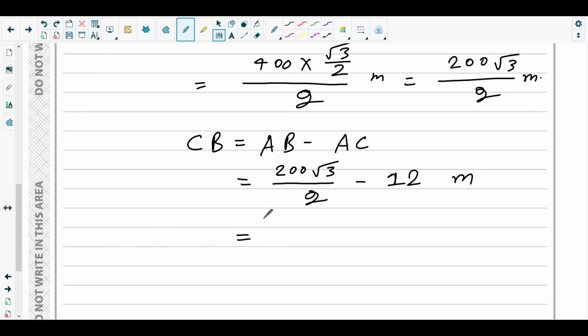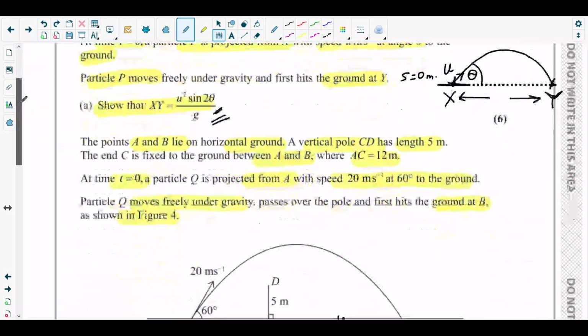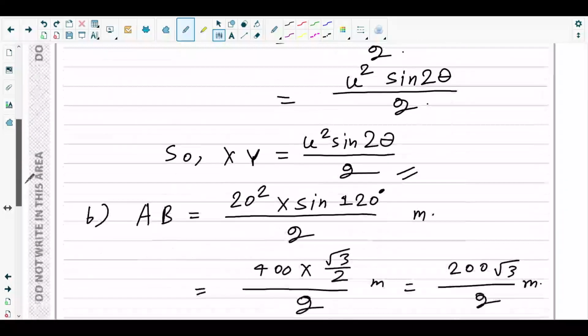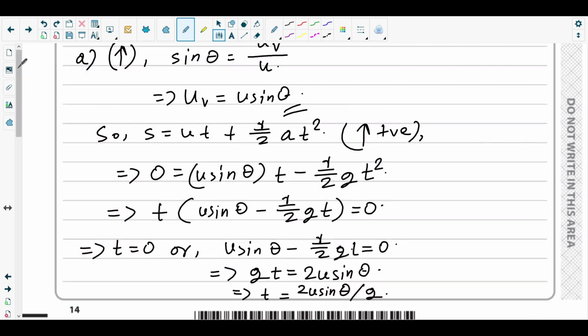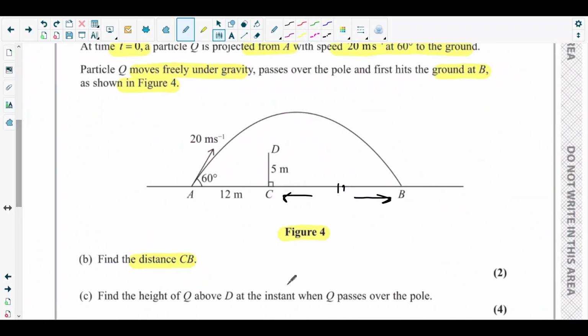Now just calculate: 200 square root of 3 divided by 9.8, minus 12. This is basically 23.34797566 meter. Up to 3 significant figures, we can write 23.3 meters. That's the answer for part B from question number 5.